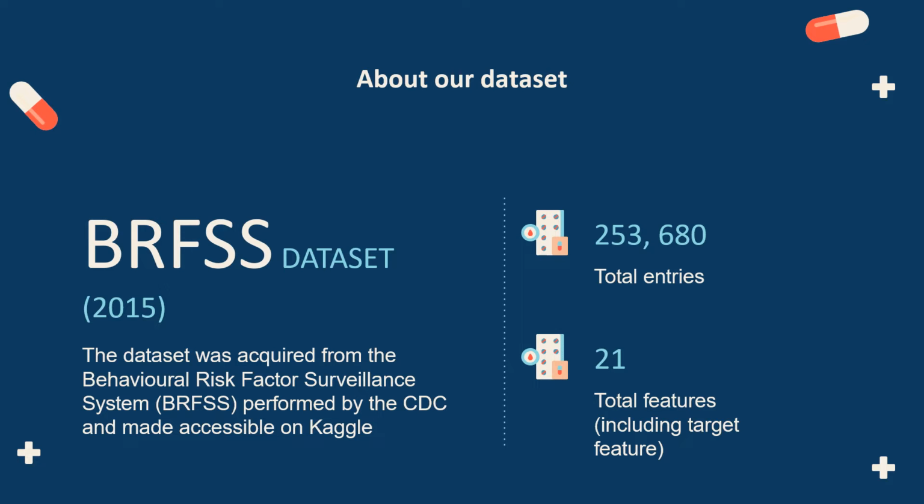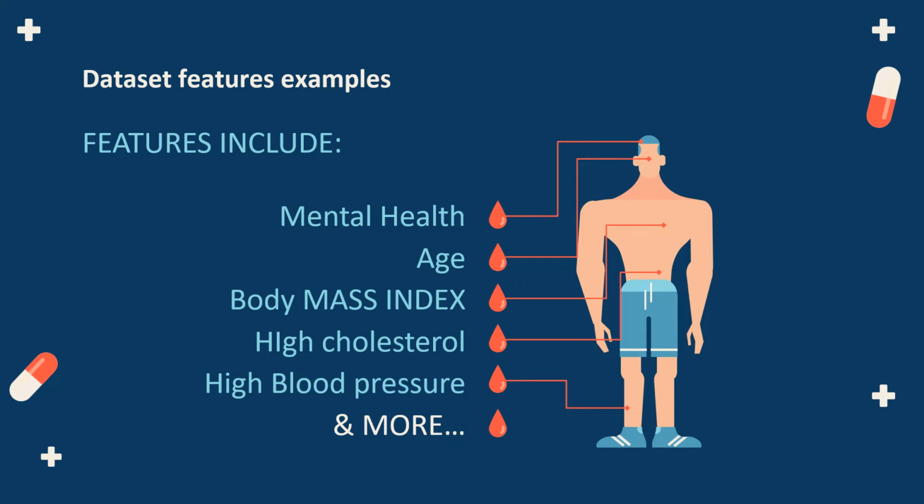In addition to the target feature, the dataset has a total of 21 features. For example, the 21 features include BMI, which is body mass index, age, high blood pressure, which represents whether a person has high blood pressure or not, and many other features.